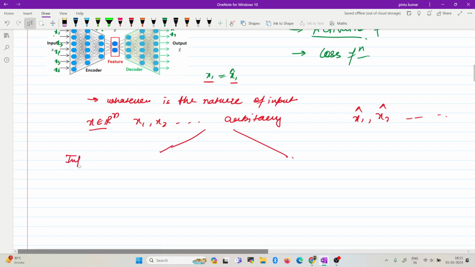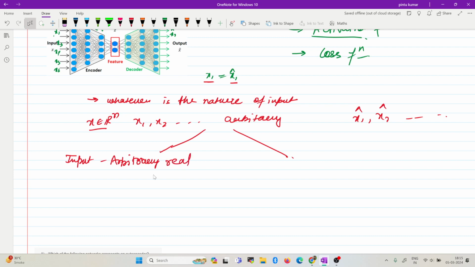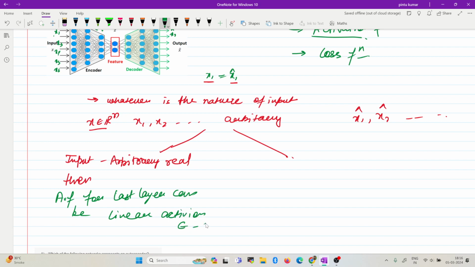If your input is arbitrary real, then the activation function for the last layer can be linear activation, because linear activation gives you values from minus infinity to infinity, right? So this can be a very good choice for the last layer activation.